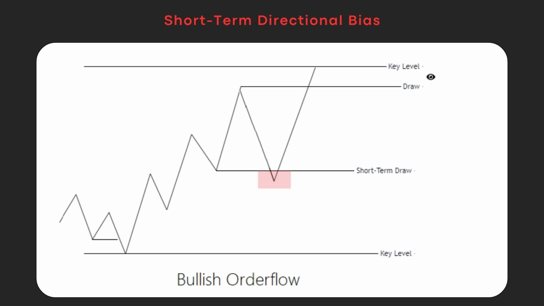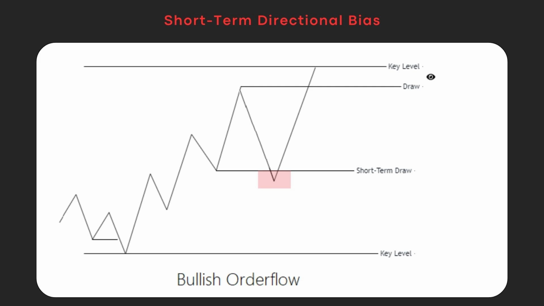So let's say you were not aware of short-term drawn liquidity, and you only knew about just drawn liquidity or directional bias. And let's say you determine order flow here and you saw that it's a bullish order flow and our next target is higher. So when we were here, just like you saw in the previous slide, what you would have done is you would have immediately started looking for longs on the lower time frame because you apparently determined your drawn liquidity to be higher.